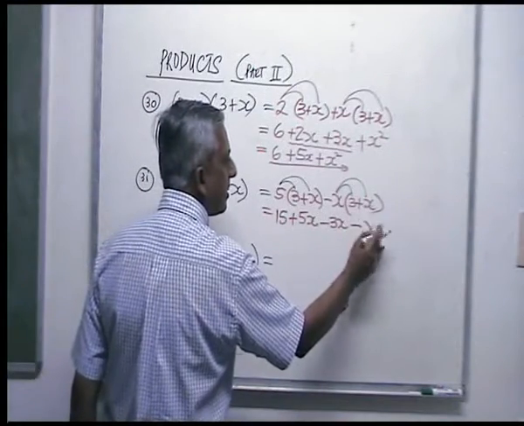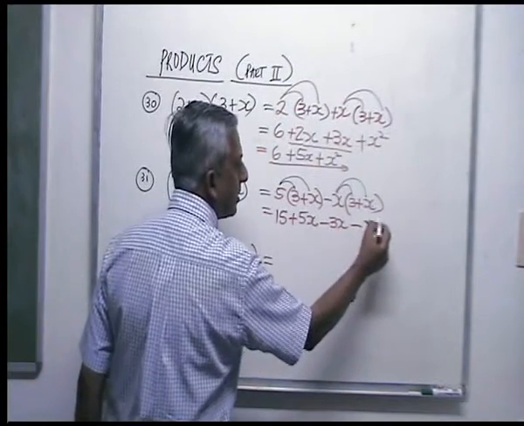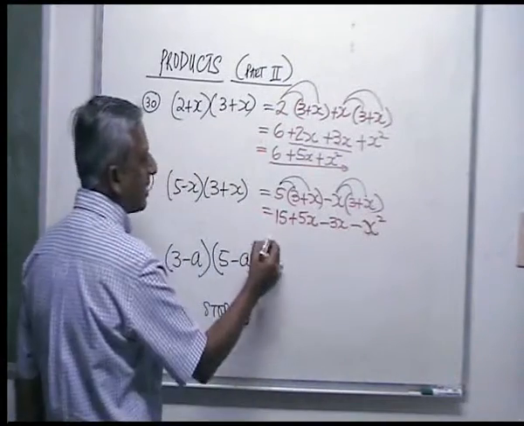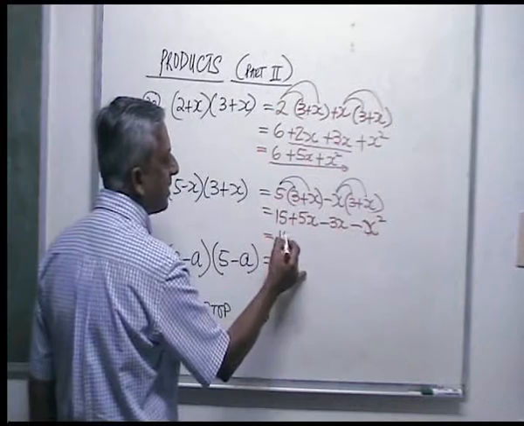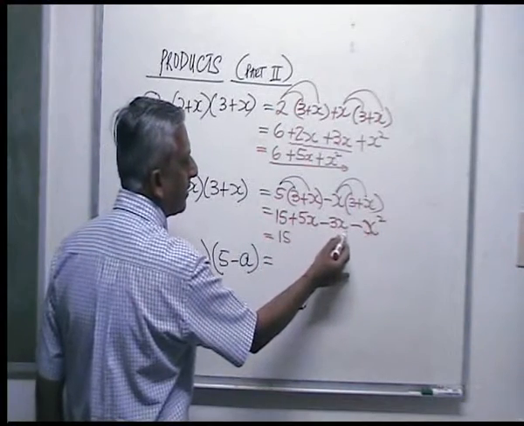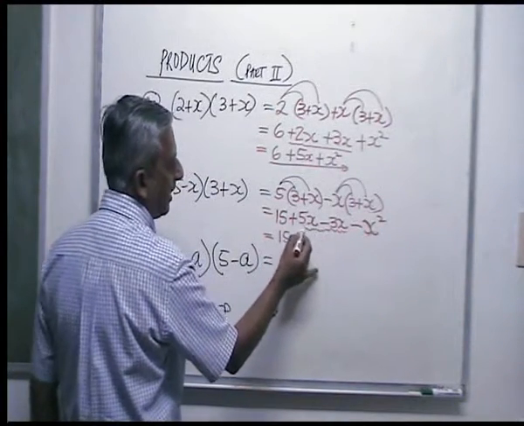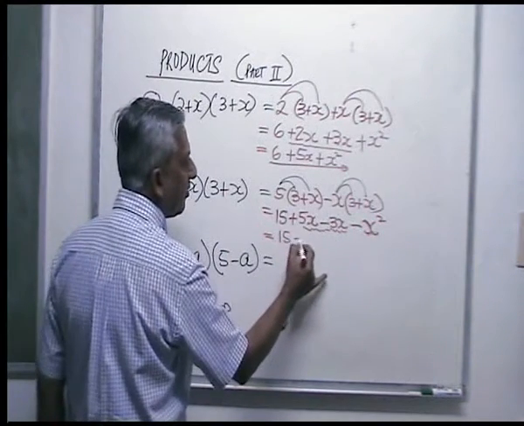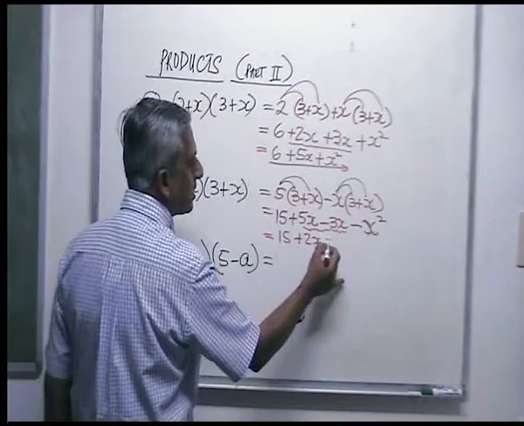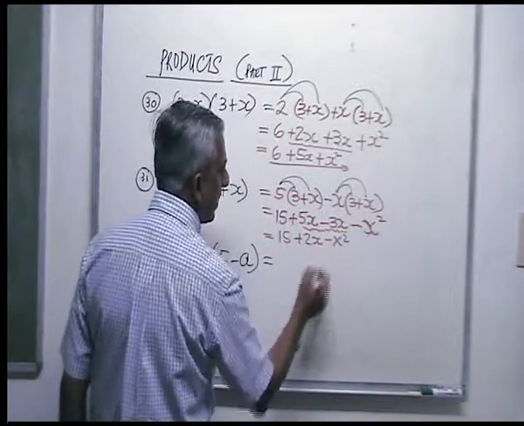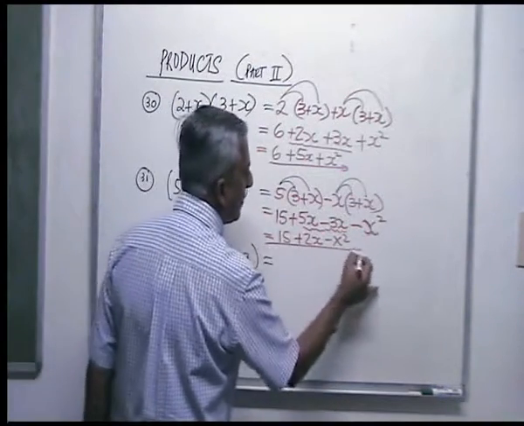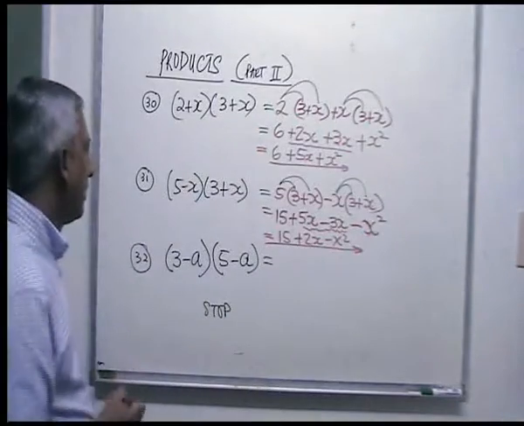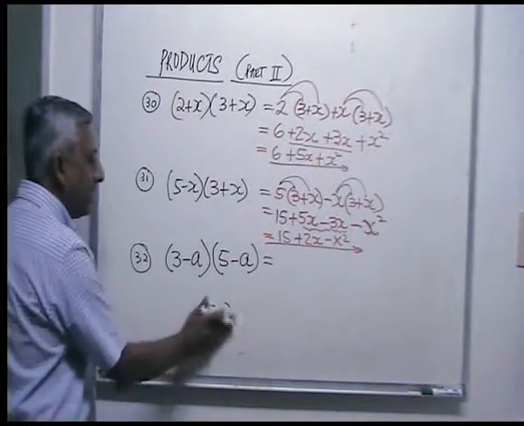X times x is x squared. Once again in the middle we have terms which are alike. So 5 minus 3 will give you plus 2x minus x squared. Okay, so that finishes number 31. Let's move on to 32.